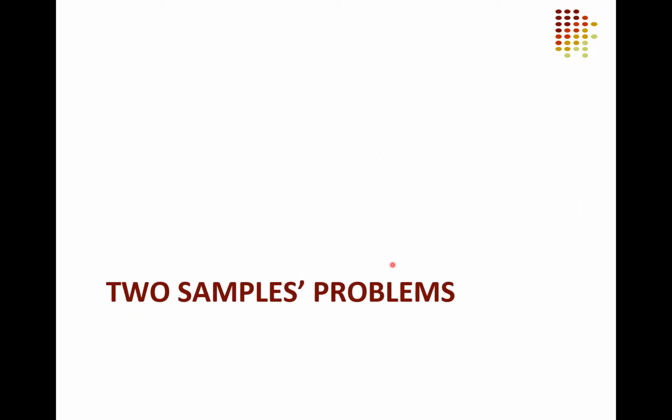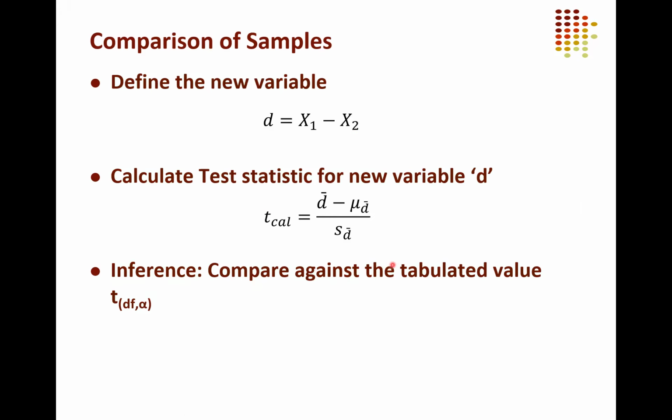So the other modality of the t distribution is to compare two sample problems. While comparing the two samples, our procedure will be to define a new variable at the first step, which is the difference between sample 1 measurements and sample 2 measurements.